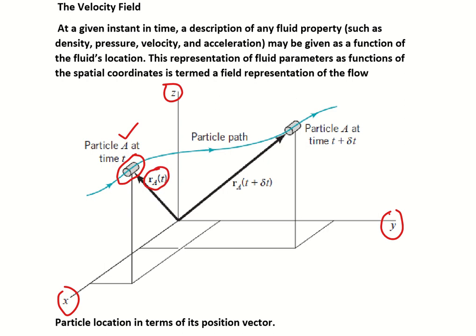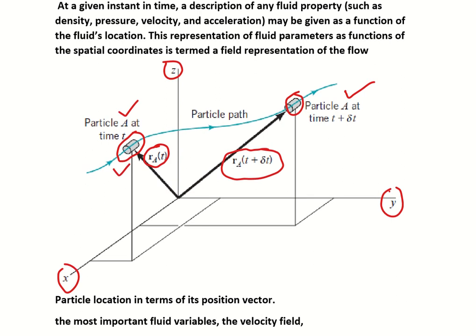After certain time it follows certain path and it reaches this location, and position vector of this location is written as r_A(t + Δt). So this is the position at time t + Δt of the same particle, which was here at Δt time ago.